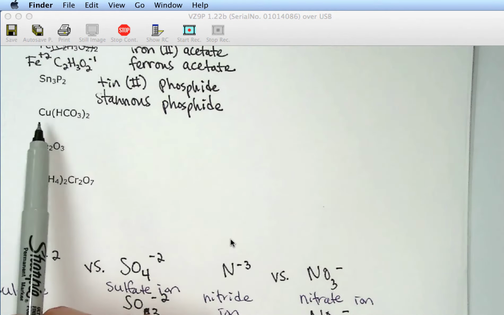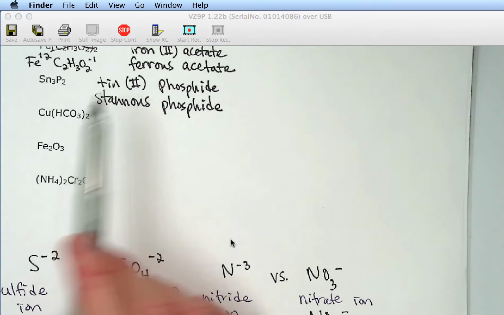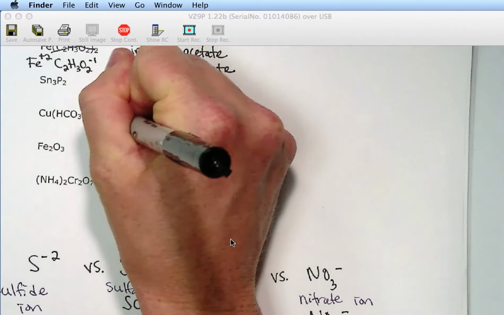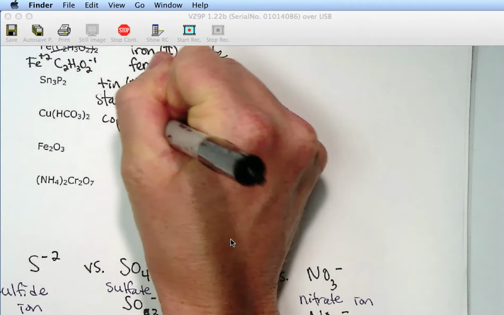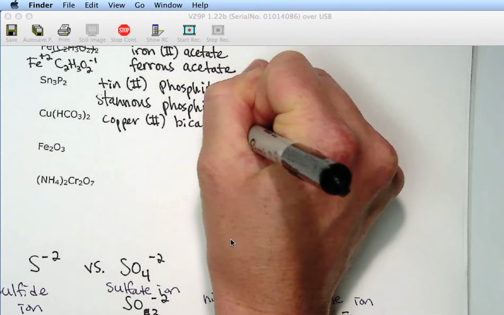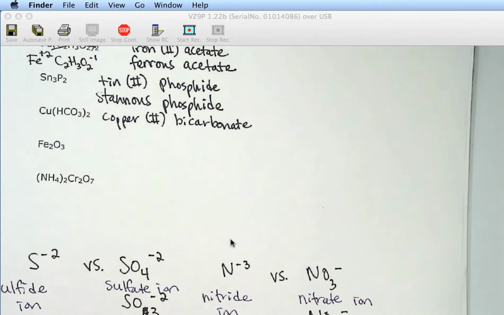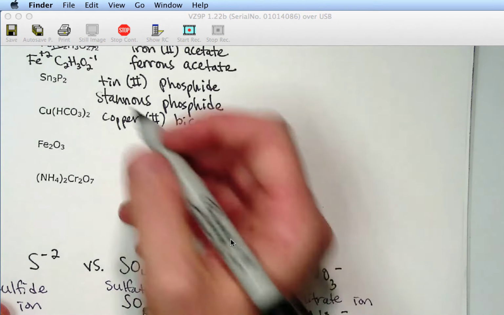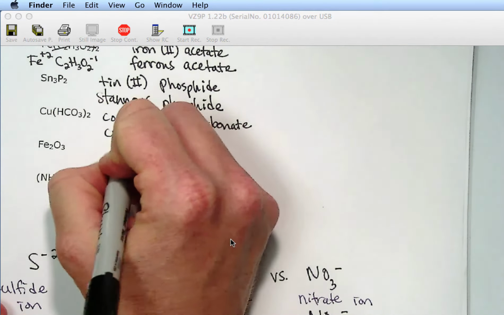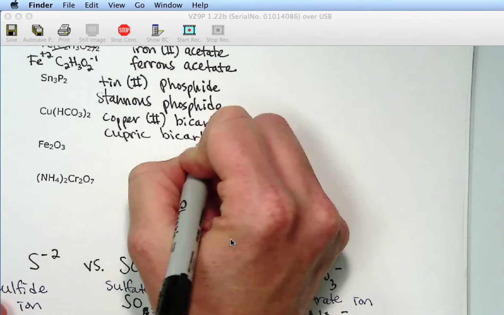And then copper 2 bicarbonate. Good. And then I don't have a preference. Cupric bicarbonate.